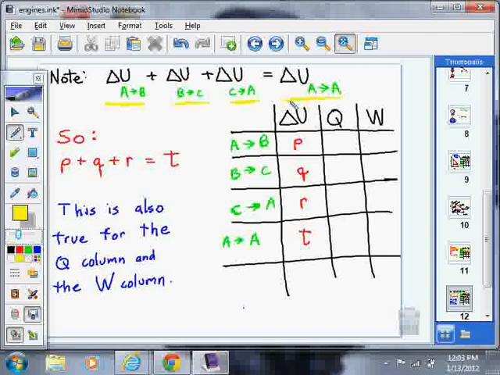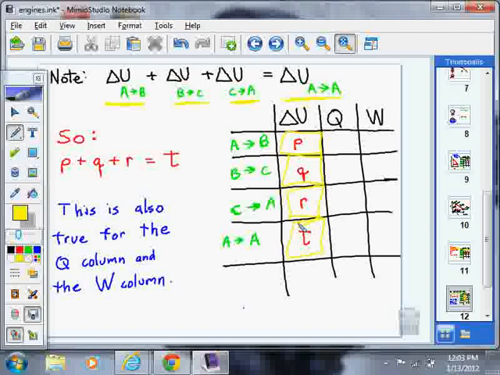So basically, with this chart, if you look at the columns, if you have this, and you have that, and you have that, well, if you add those 3 together and you add down, that's got to give you the total for that measurement.